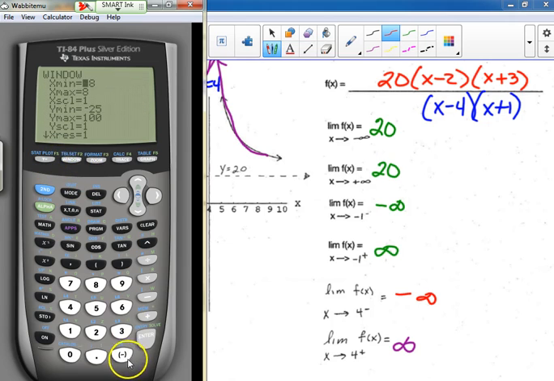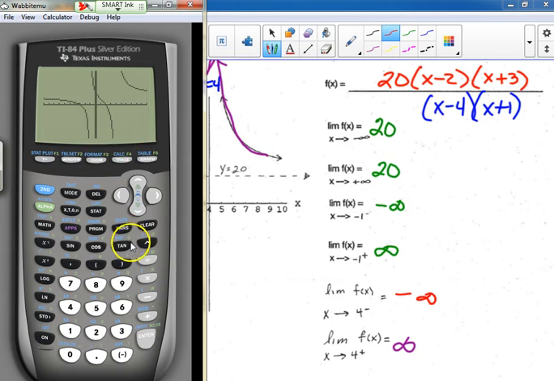This time negative 10 to 10 and what? Negative 75 to 75. Does that look like it?